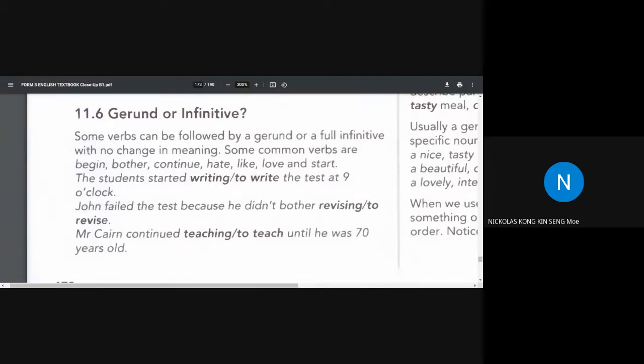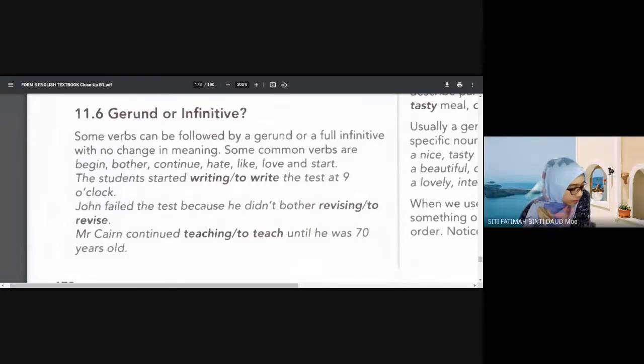The student started writing or to write the test at 9 o'clock. John failed the test because he didn't bother revising or to revise. Mr. Kane continued teaching or to teach until he was 70 years old. Young children love learning. Okay, Nicholas, stop that for a while. Sorry.